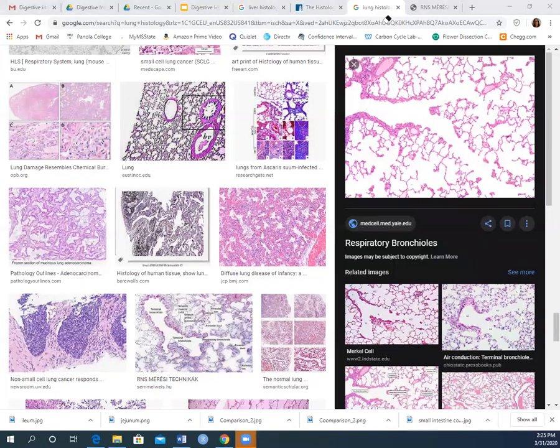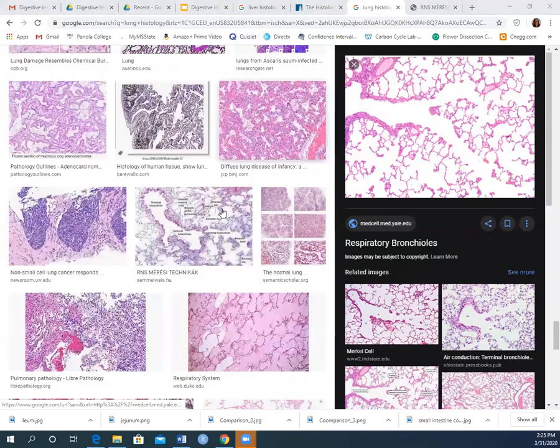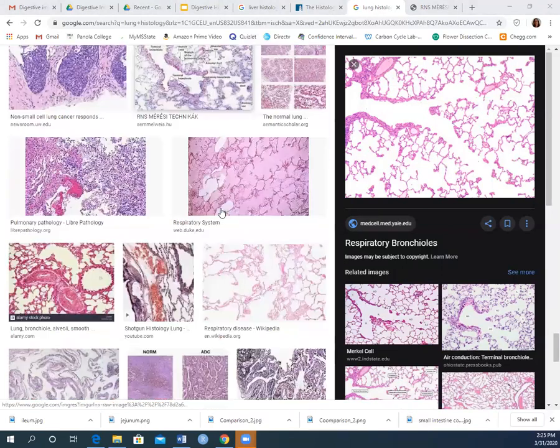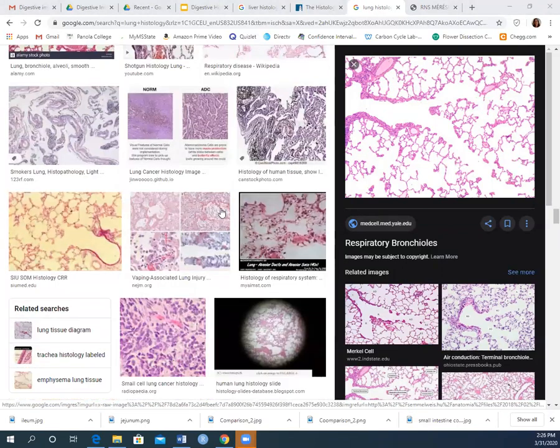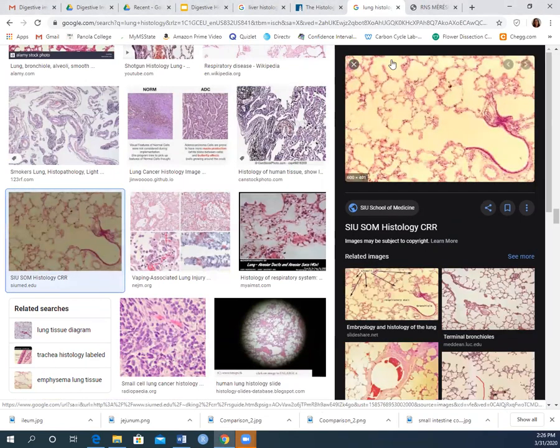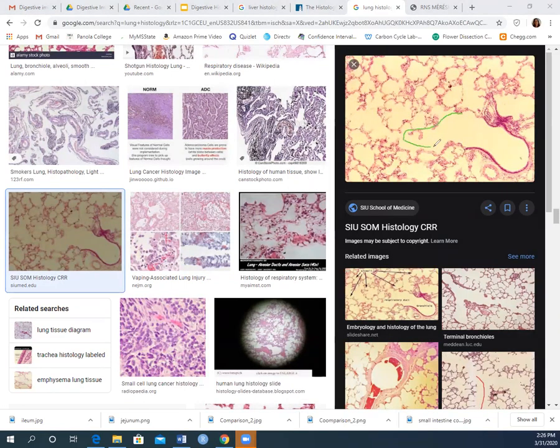Okay, let me get my eraser, because if I don't erase it, it goes on to the next screen. Let me see if I can find another one here. Okay, here's another one. In this one, right here is a bronchiole.